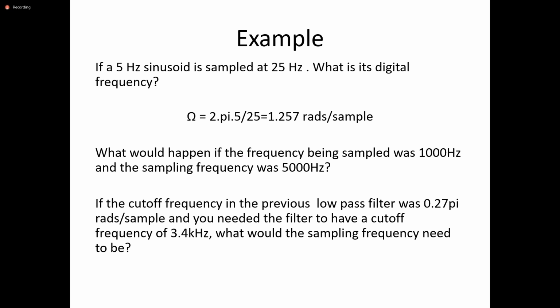The 3.4K by the 0.27 pi, if I'm understanding. Well, let me see, I didn't work it out yet. Let me just use the procedure that I would use and see what I get.